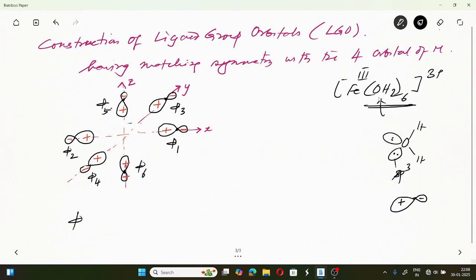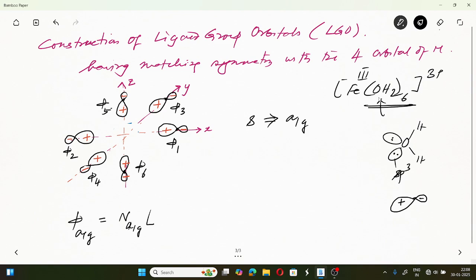Now, since this group orbital has matching symmetry with s, we can name it as phi s, and we can write it like this with a normalization constant. Instead of s, we should say a1g. See, this has matching symmetry because we have already said s transforms to a1g. So we call it phi a1g. So this is N a1g.